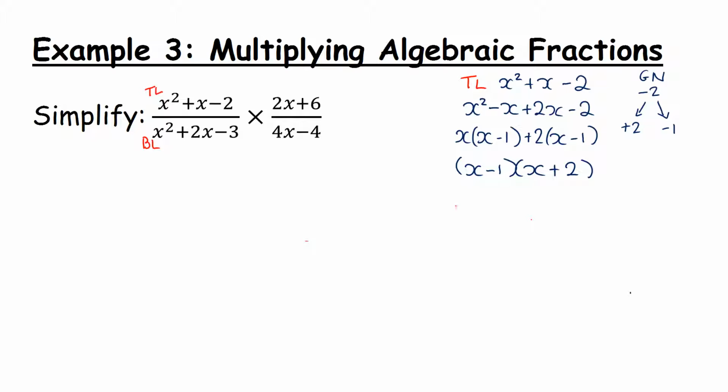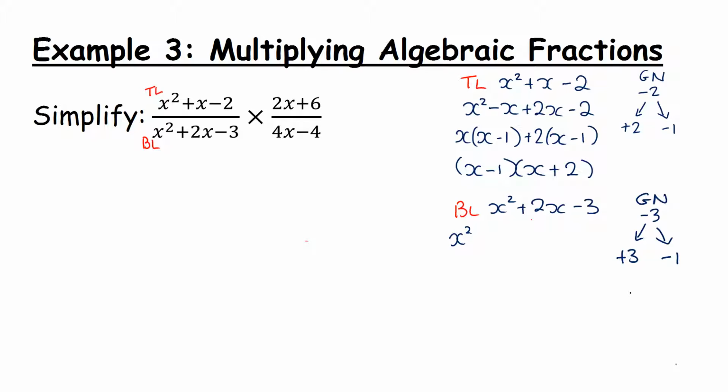So let's look at the bottom line then. My bottom line is x squared plus 2x minus 3. My guide number here is minus 3. If I have a plus 3 and a minus 1, that will add up to plus 2x, exactly what I want.